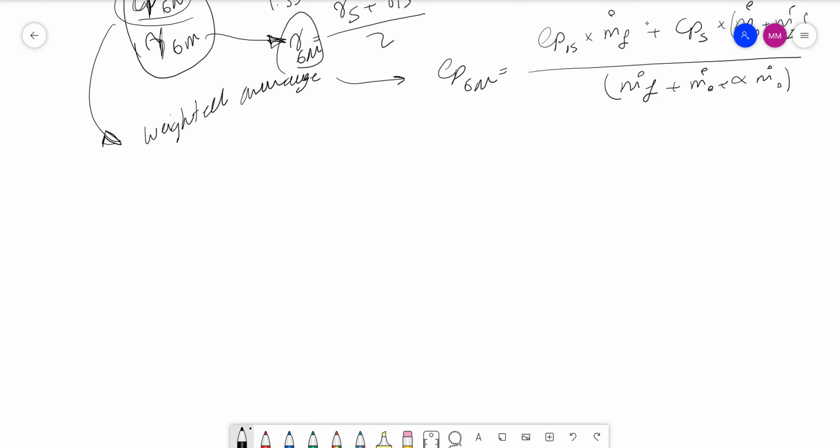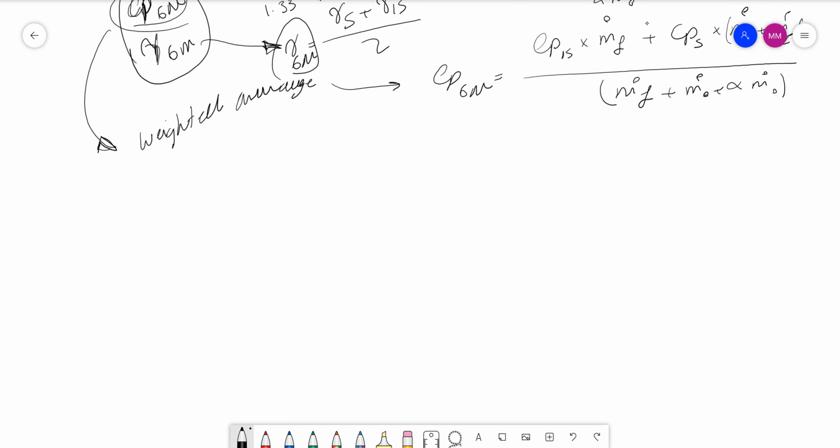And we also need to have a good understanding of the TS diagram. The TS diagram here is going to be different from what you have seen before. Let's look at this pressure line, the constant pressure line of PT5, which is roughly equal to PT15.